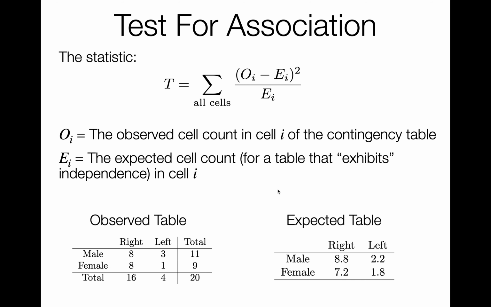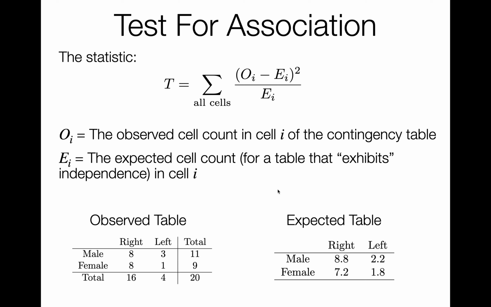So for instance, suppose I have an observed table, where I take measurements. This is an old table from a while ago, when they only coded gender as male and female. So forgive me for that, but they have male and female as gender, and then right and left-handed. There's also no ambidextrous or anything here.